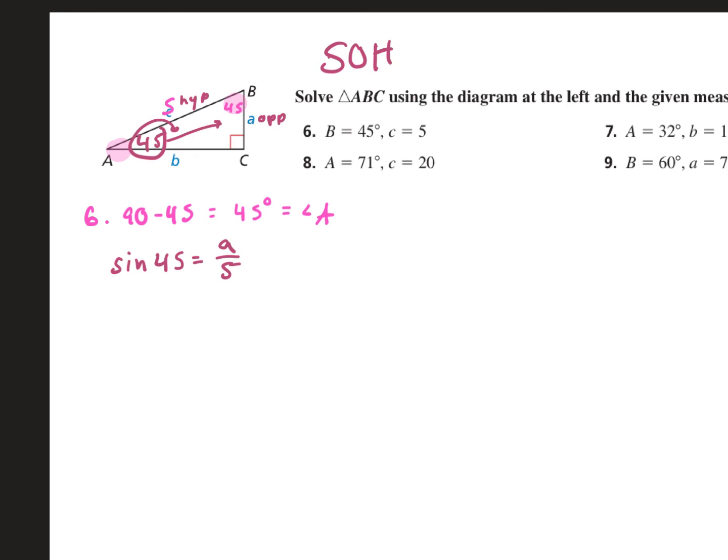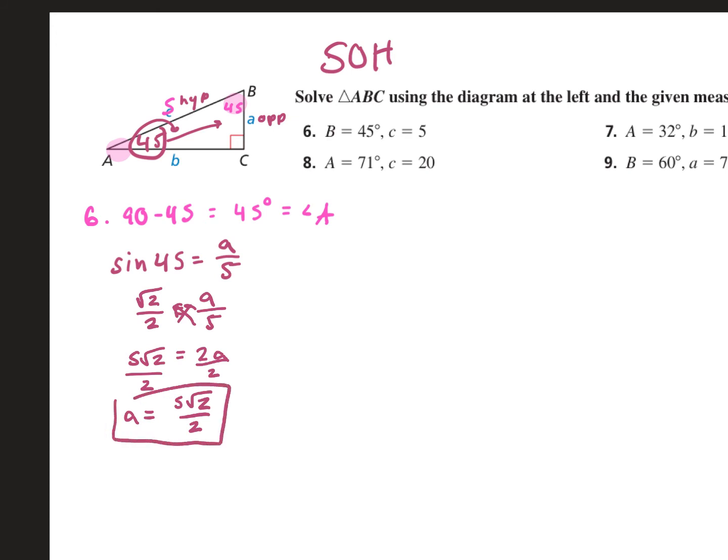So sine of 45 is square root 2 over 2. So square root 2 over 2 is equal to A over 5. We can cross multiply. So 5 square root 2 is equal to 2A. So A is equal to 5 square root 2 over 2. And we cannot simplify that because that 2 is inside the radical. So these don't cancel out. You cannot do that.